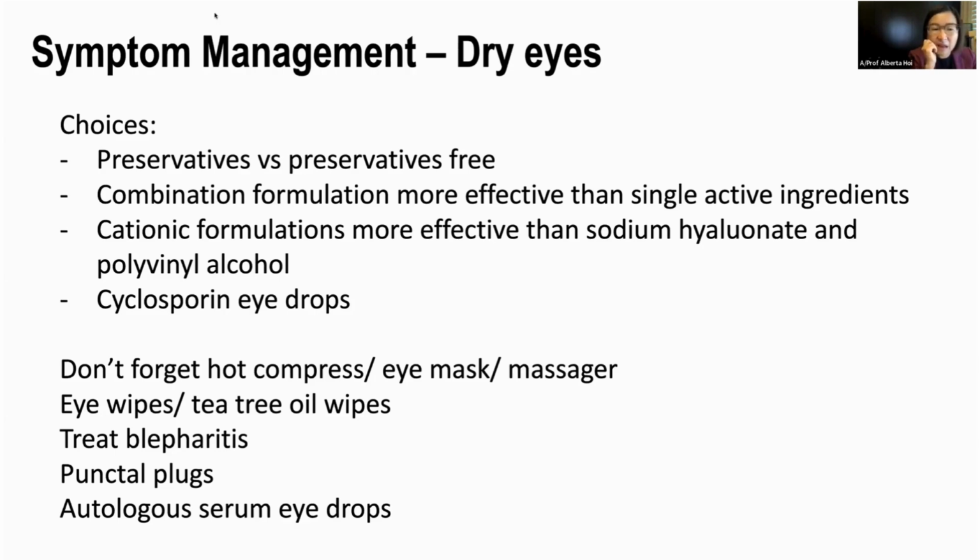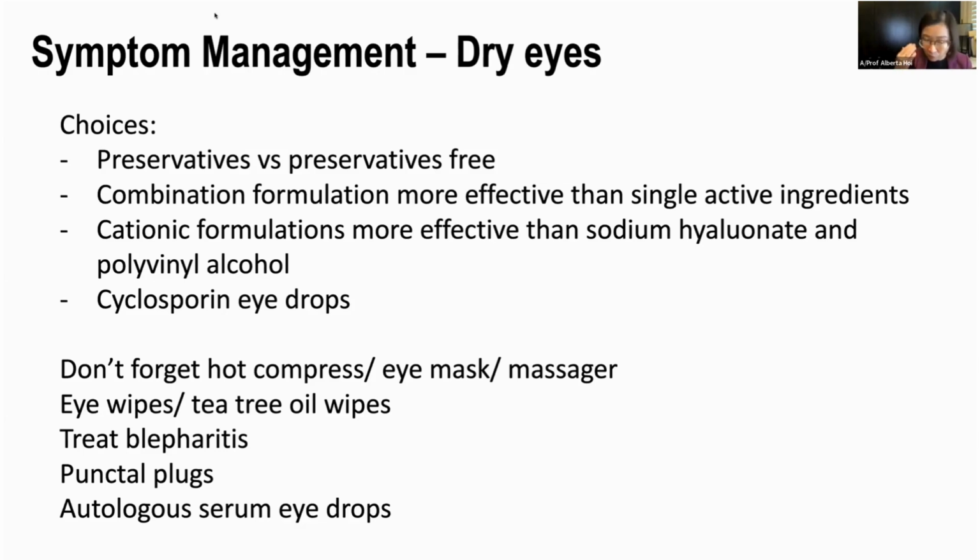And then the other therapy that has been talked about over the last few decades, but I'm seeing less of it being used, is the punctal plugs. This is a little tiny piece of plastic that the ophthalmologist can insert into the drain ducts of your tears.